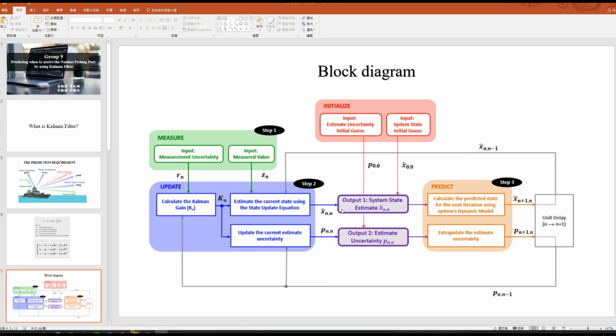Next, the estimate update will be performed through the blue block, and the two calculated vectors are the state vector and the uncertainty of the next period. Then we move on to the next loop.